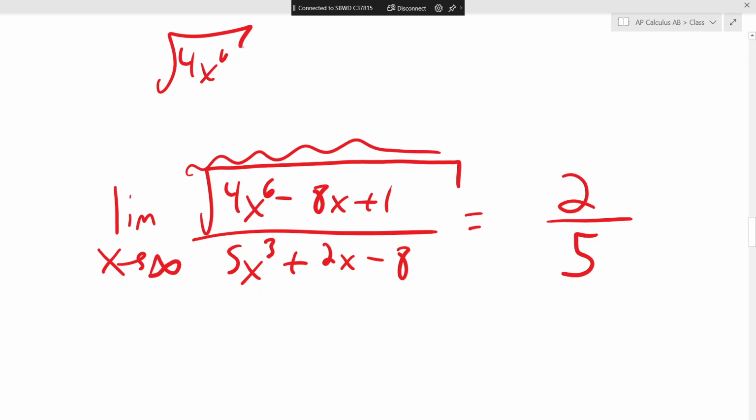Everything else fades away. And that is going to be 2x cubed, but only when x is real big, which happens to be the question I'm asking you right now. Please be careful with your simplifications. You can't just cancel those things out. Was there a hand up?